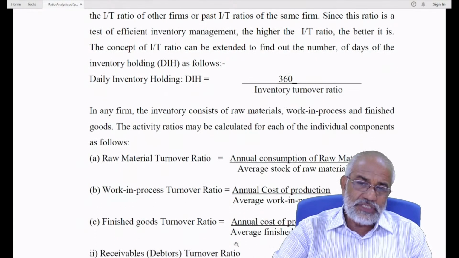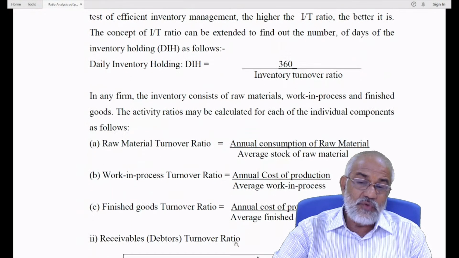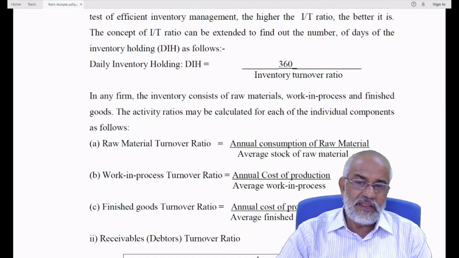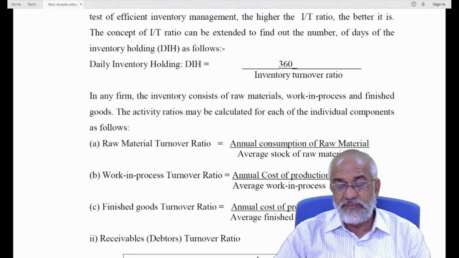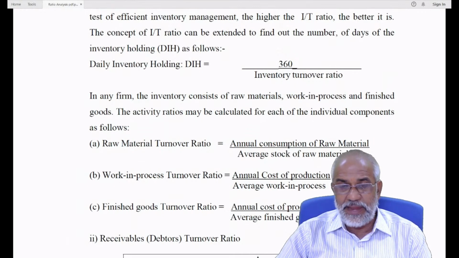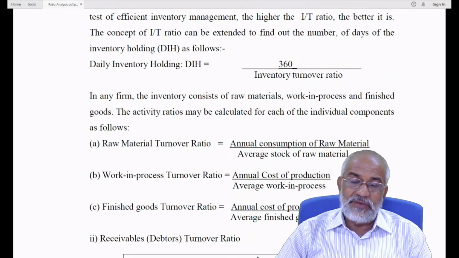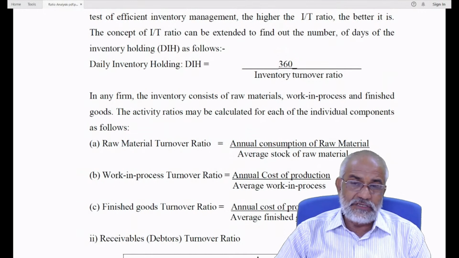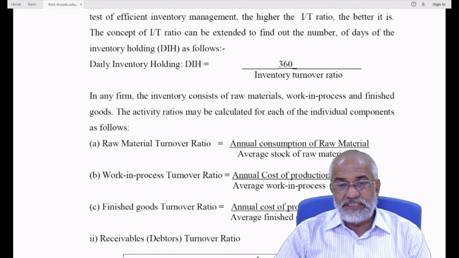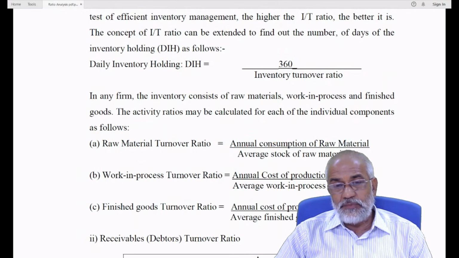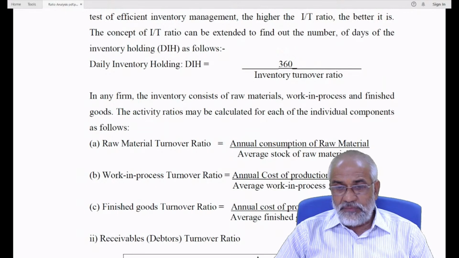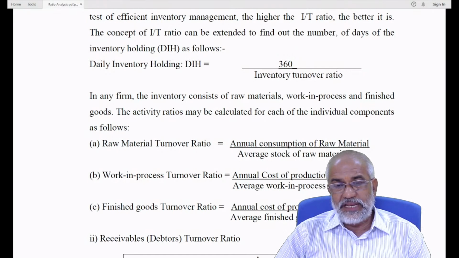Work in process turnover ratio is also to be calculated by annual cost of production. Annual cost of production can be found out when the manufacturing account is prepared. The resultant of the manufacturing account is the cost of production. On the left hand side of the manufacturing account, the opening stock of raw material is taken, purchase of raw material is taken, other manufacturing expenses are taken, and on the right hand side, the closing stock of raw material is taken.